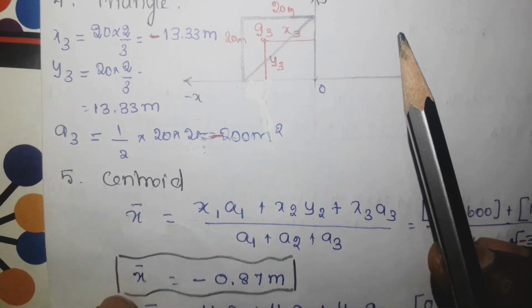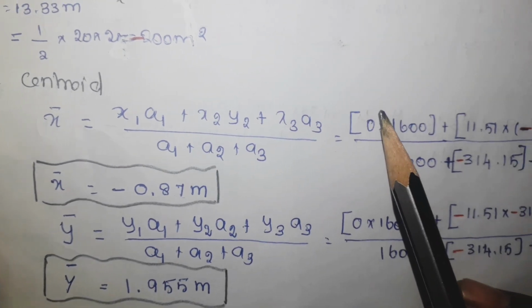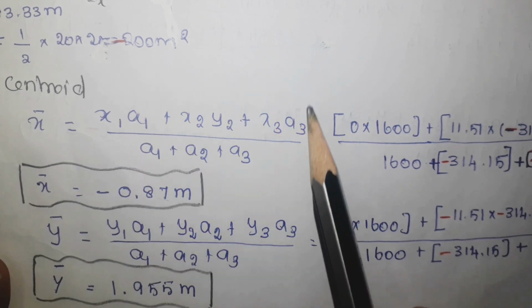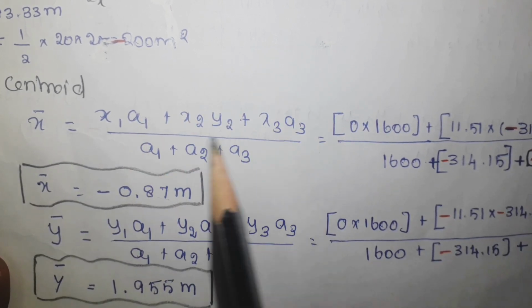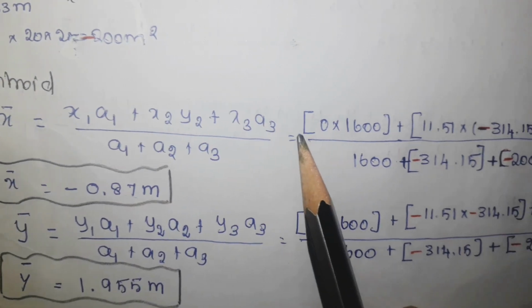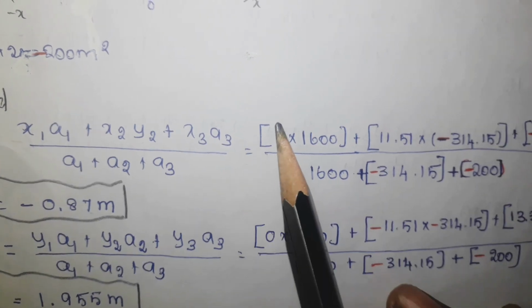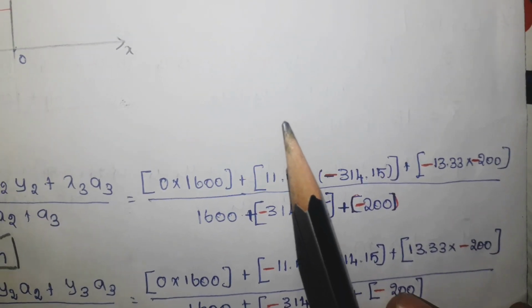Very important data. Then the final step, the third step, is using the summation formula. I have only 3 areas, so I have gone only up to x1 A1 to x3 A3. Just substitute the values, and make sure that the negative values are substituted accordingly.